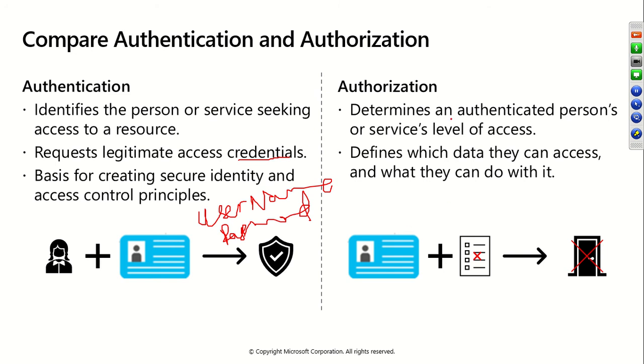Very important. You cannot talk about authorization if somebody has not been authenticated. So the process must start from here. You must first be authenticated, then you are authorized to access data. So authorization will define what data can be accessed and what you can do with what you access.